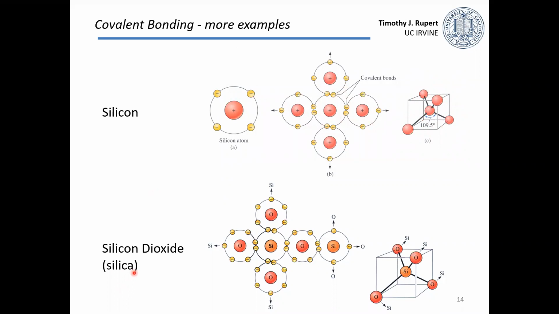Silicon dioxide, or silica, is another good example. In this case, we have two different atomic species, a silicon and an oxygen. It actually has a structure which is quite similar to just the silicon by itself, but in this case, the silicon atom is in the middle and it's surrounded by oxygen atoms.